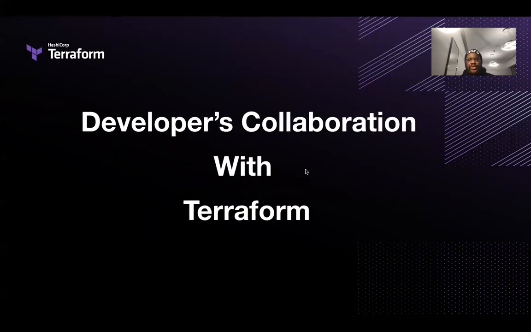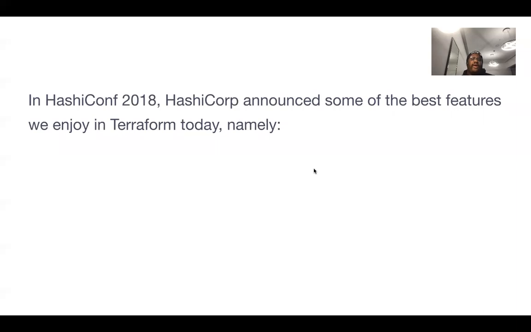So today we're going to talk about developer collaboration with Terraform, and let's dive deep into that. When we think about developer collaboration, in 2018, HashiCorp to be precise, announced some great features about Terraform that we enjoy today. One of those features is state management.